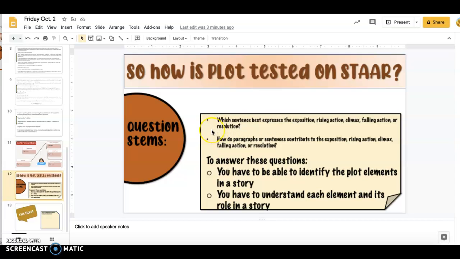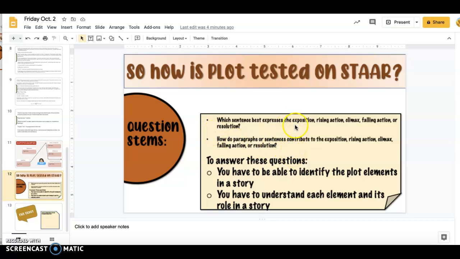Another way they ask questions about plot on STAR is, how do the paragraphs or sentences contribute to the exposition, rising action, climax, or resolution? So it'll tell you a specific paragraph or a specific sentence, and it says, how does that contribute to the exposition, the rising action, falling action, climax, or resolution?